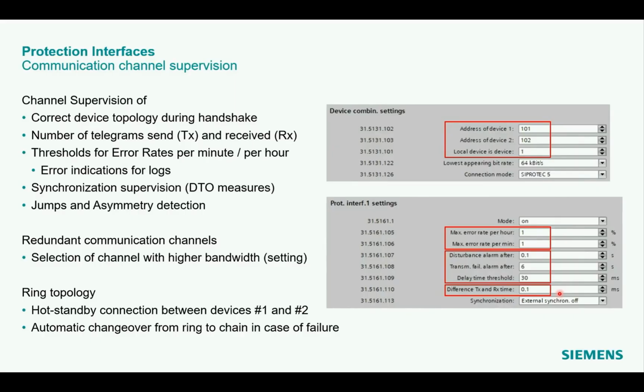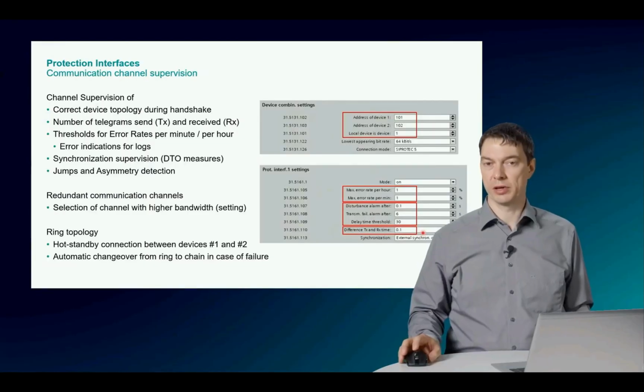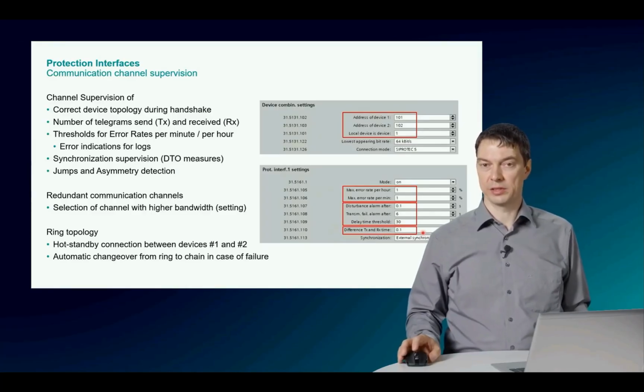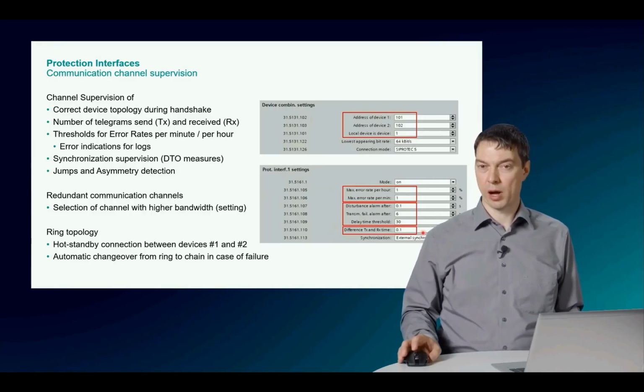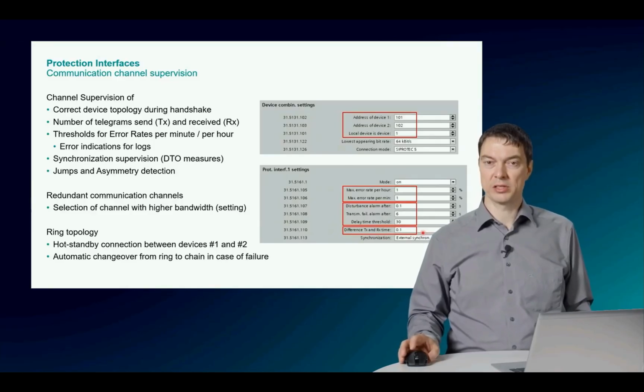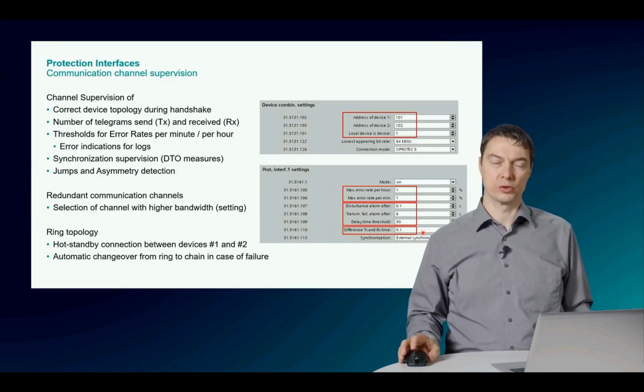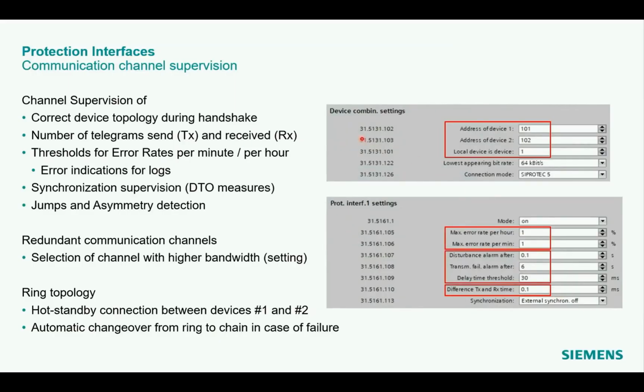The protection communication channel is continuously supervised. After the protection interface reconnection or the power up, the device checks the topology during a so-called handshake process. So it looks that the right partners are available. The right partners are detected by a configuration in DIGSI through the addresses of the device.